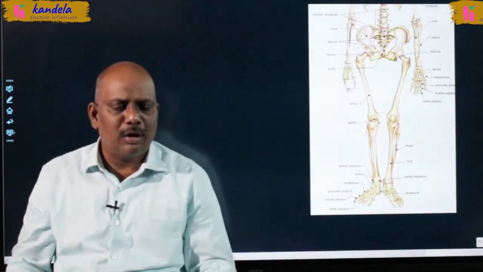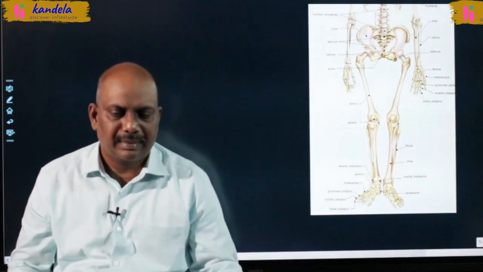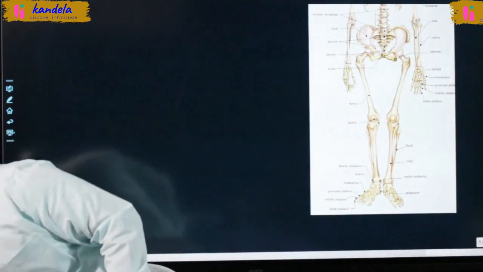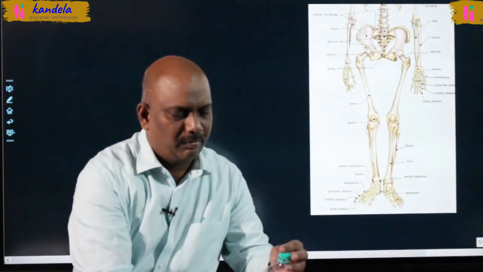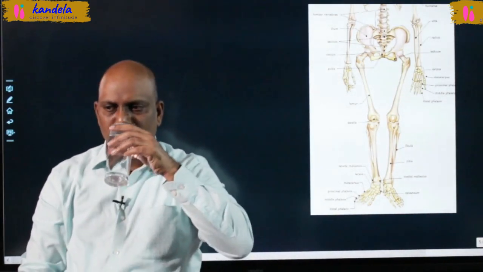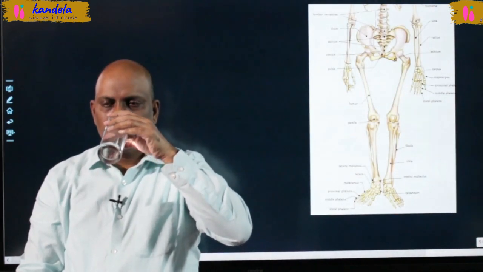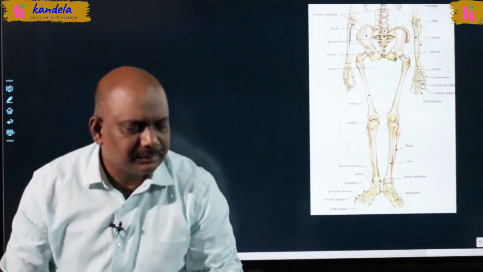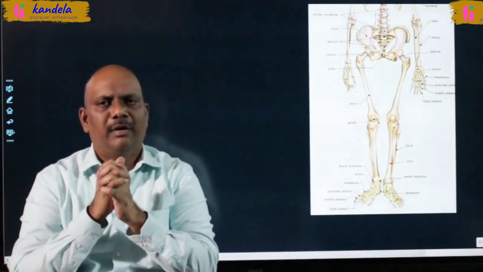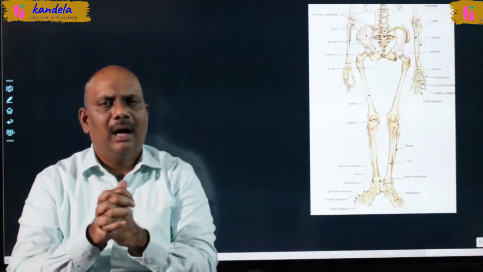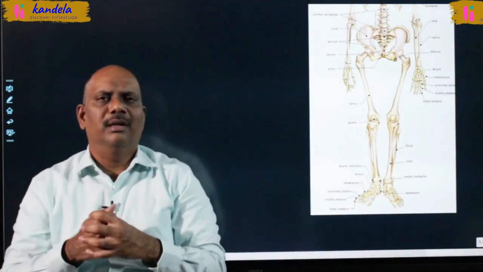When we had quadrupedal locomotion, all the four limbs were used for locomotion, for walking, and our body weight was balanced by all the four limbs.